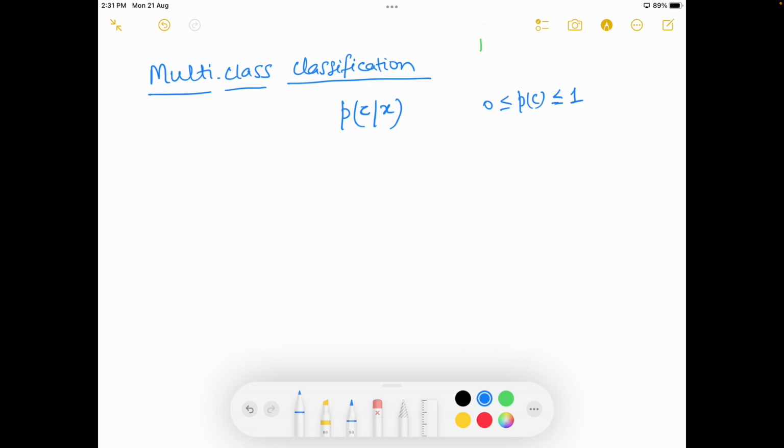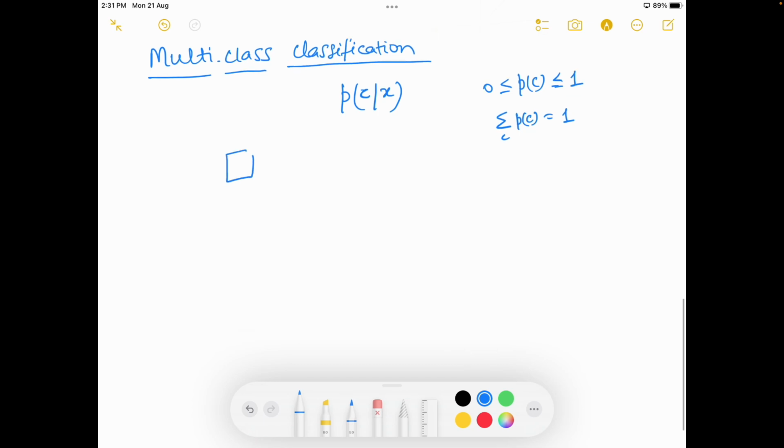What else? Sum over all classes should be equal to 1. What else? Anything else? No. Okay. Now if I give you a neural network, it has some input X, some output Y hat.